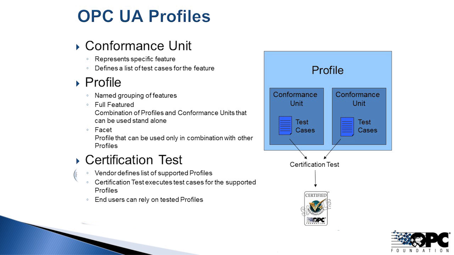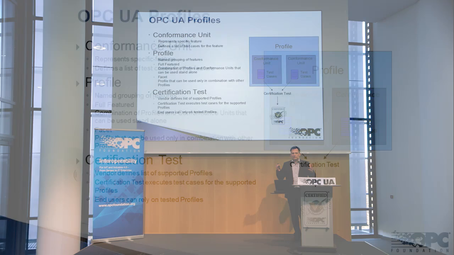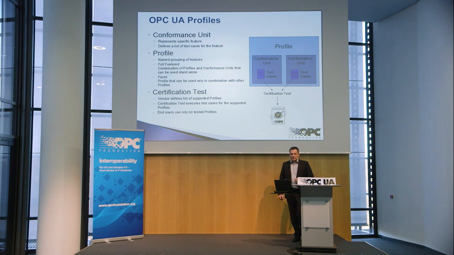Now we group conformance units and form a profile. A profile is something you need for a certain feature. So with this concept, we can, on the one hand, test and certify the functionality, but also describe the functionality of a server in terms of profiles.